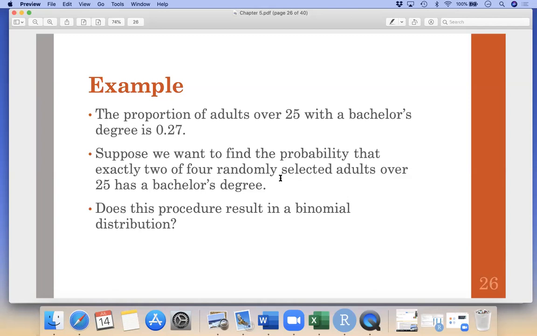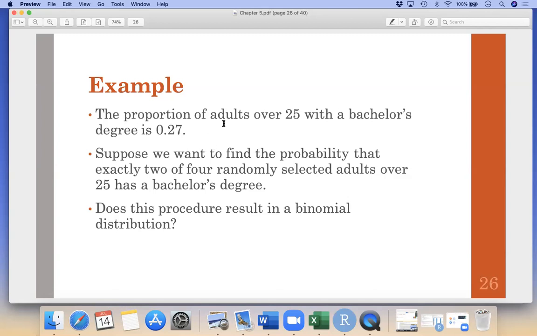Also, those four trials should be independent. Yes, because we have four adults. Then each and every trial has only two possible outcomes. It's also correct. One possible outcome is adults over 25 with a bachelor's degree, that is a success. Then the failure is adults over 25 without a bachelor's degree, according to this example. So it has two outcomes.